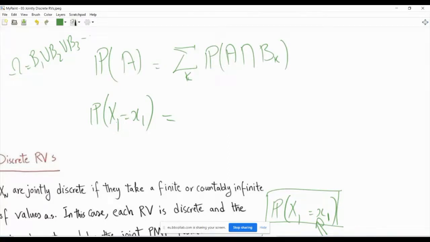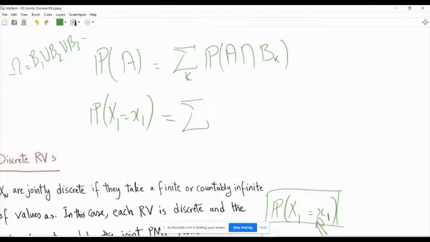If you are interested in the probability that big X1 is equal to small x1, then you can partition your space of possibilities by summing over all possible values of big X2 and big X3. What are the possibilities of X2 and X3?